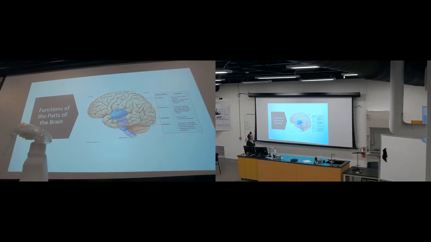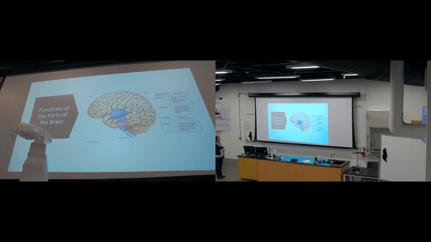So here we have a summary of all of these functions. Cerebrum performs higher mental functions, interprets sensory stimuli, plans, and initiates movements. The diencephalon processes, integrates, and relays information, maintains homeostasis, and regulates biological rhythms.